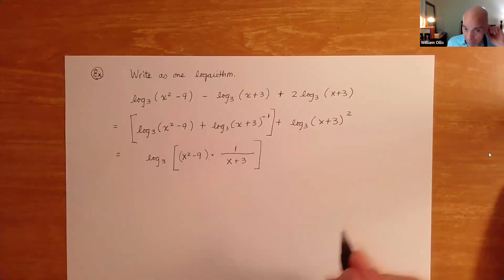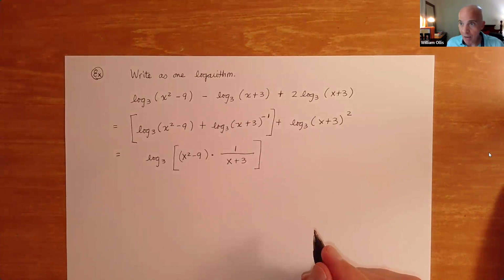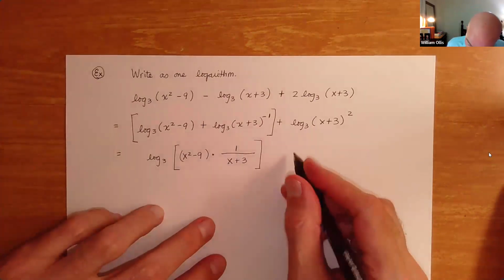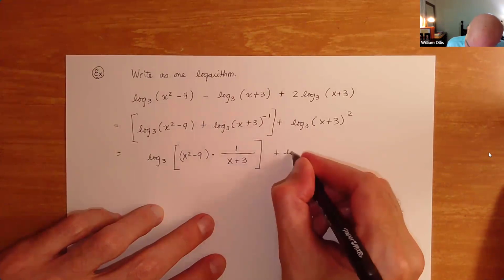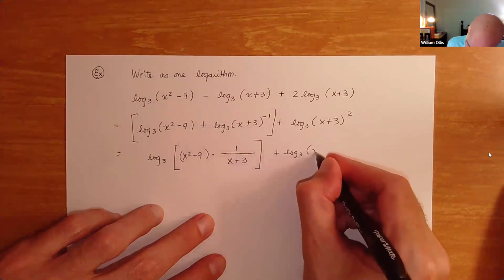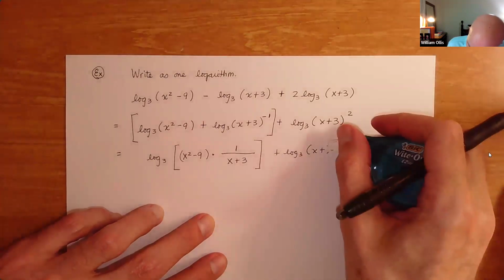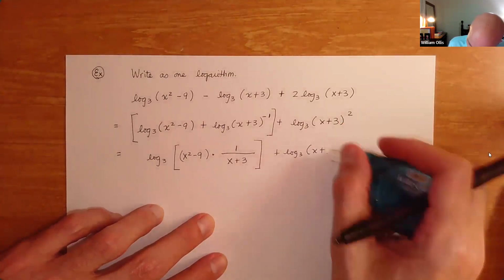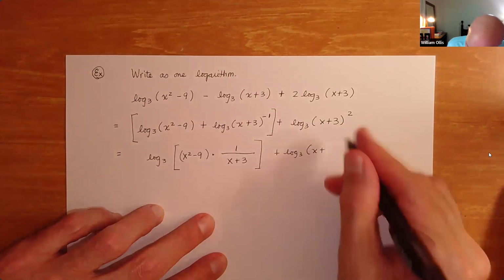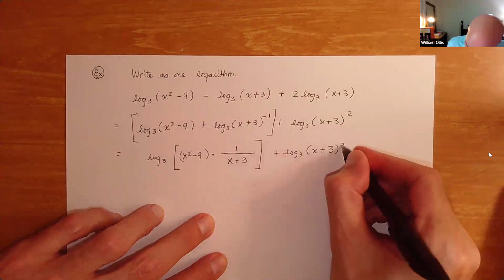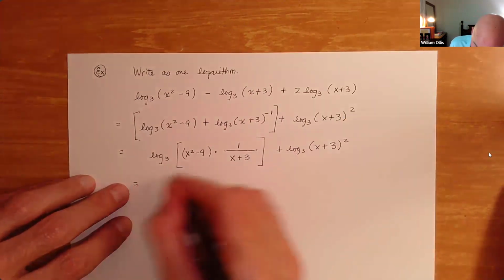We get that because, again, we have the minus 1 here, plus the base 3 logarithm of x plus 3 quantity squared. Oh, let me leave room for the 3. 3 is important. Don't want to leave 3 out. There we go. So now we'll go ahead and finish this.